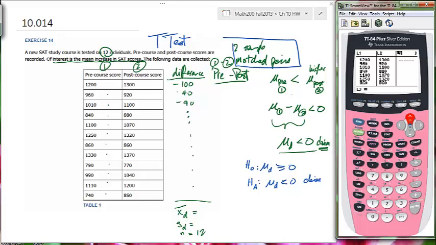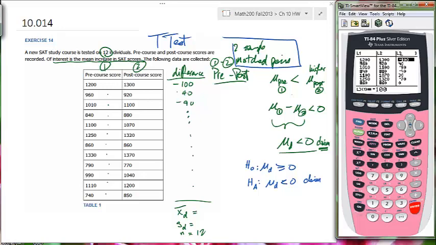And I'm going to want 1 minus 2, so I'm going to want my L1. L1 is obtained by hitting the second function and the number 1. So L3 now, again without the parentheses, is equal to L1 minus L2. Now if I press enter, I'm going to get the differences there. And I got negative 100, positive 40, negative 90, and then this fills out the rest of them.